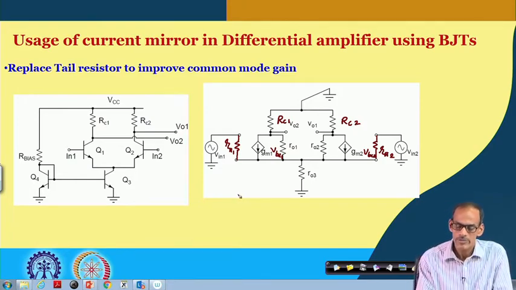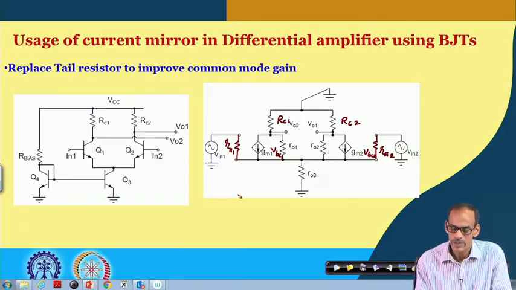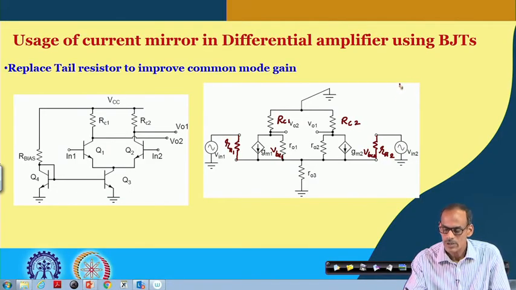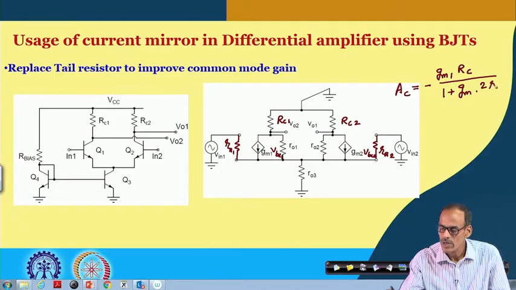Now, again similar to the previous case, if you analyze, you can find the common mode gain, it is GM into RC divided by 1 plus GM into 2 times RO3, and that can be well approximated by RC divided by 2 times RO3.